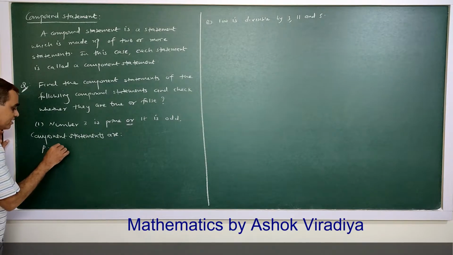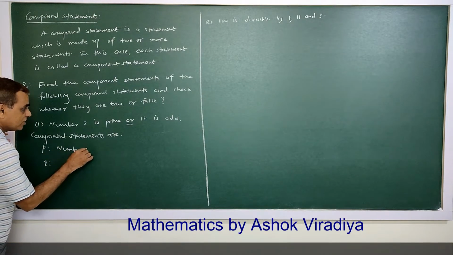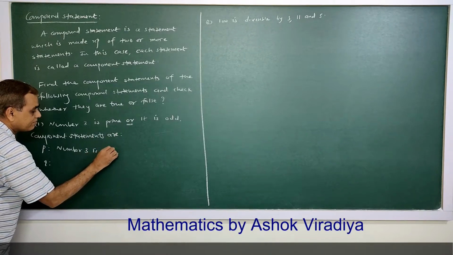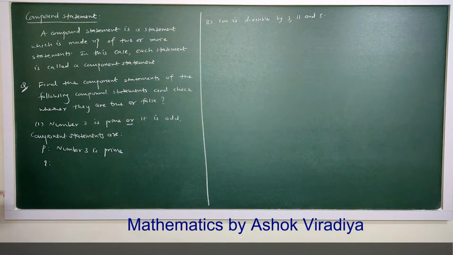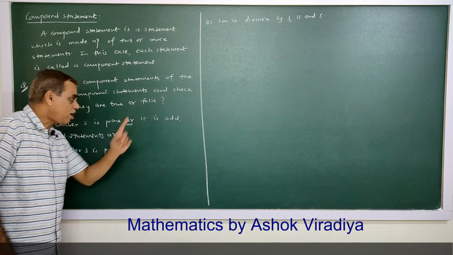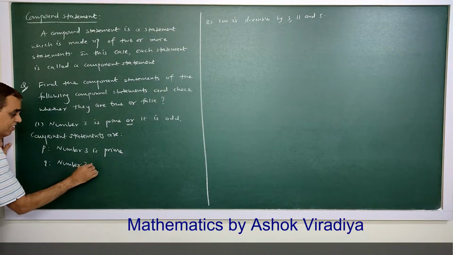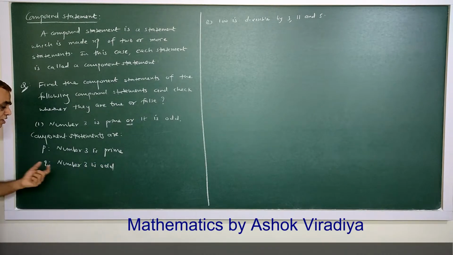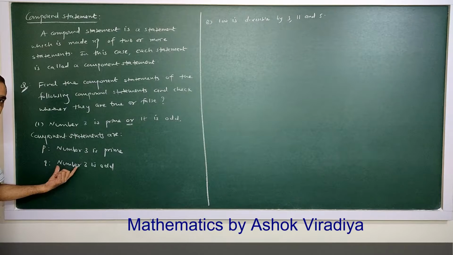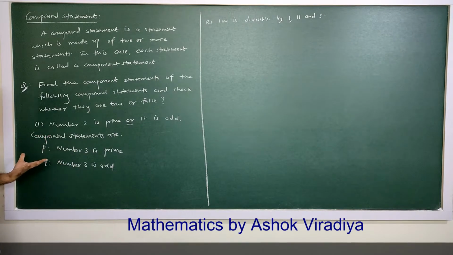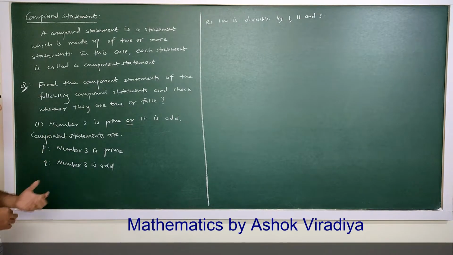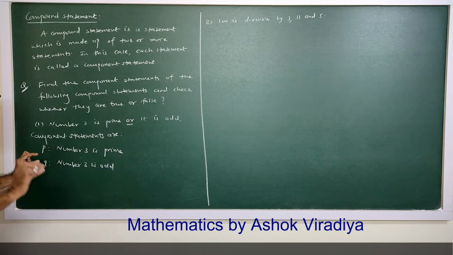The first statement is number 3 is prime, and the second is it is odd. It is odd means number 3 is odd. We don't use he, she, it when we separate them into component statements. These are statements, so make them meaningful; the meaning must be clear.